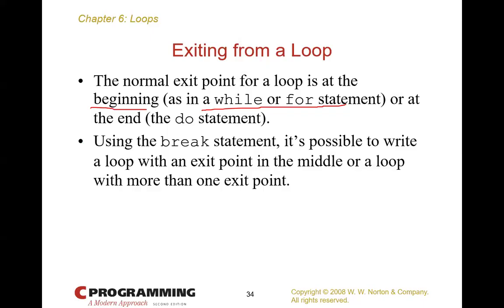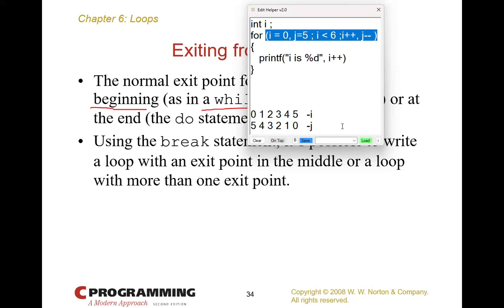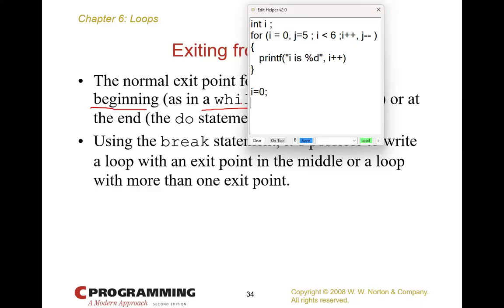But on the other hand, the do statement terminates at the end. Why? Because the do statement will test at the end. So here is what the while equivalent of this expression will be. It's going to be i is equal to 0, while i is less than 6. Let's bring the printf.